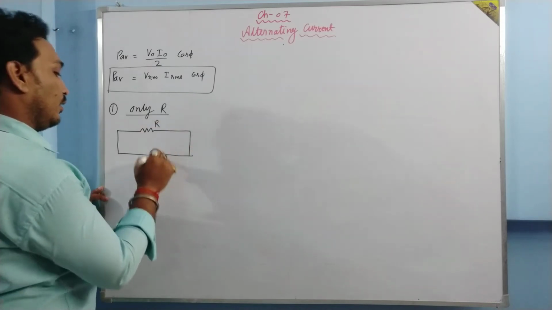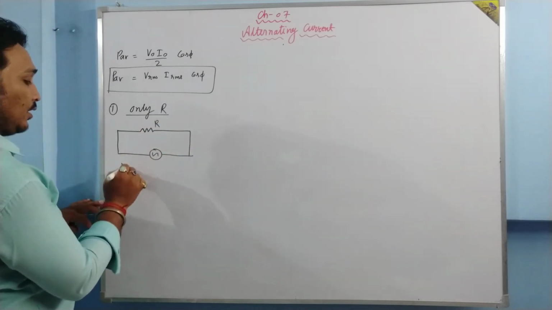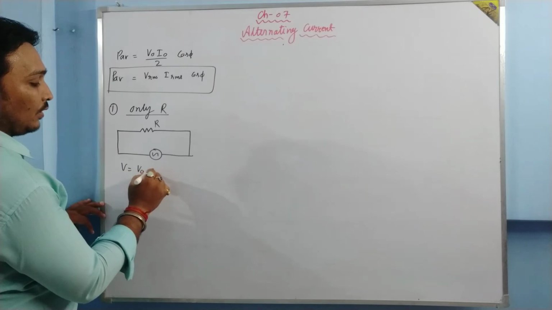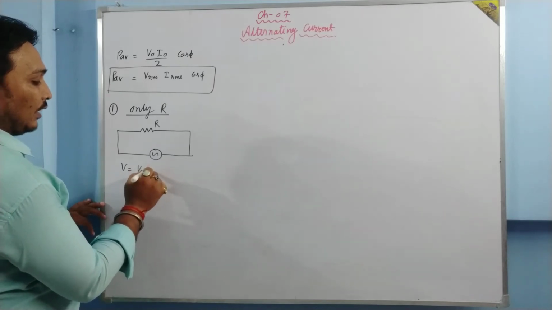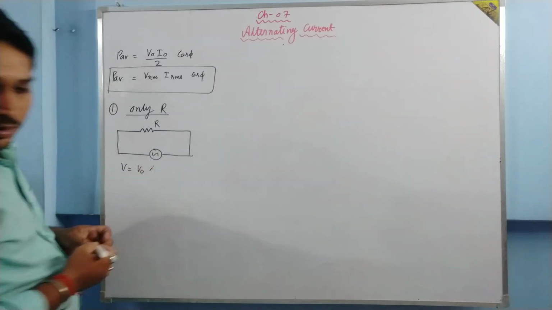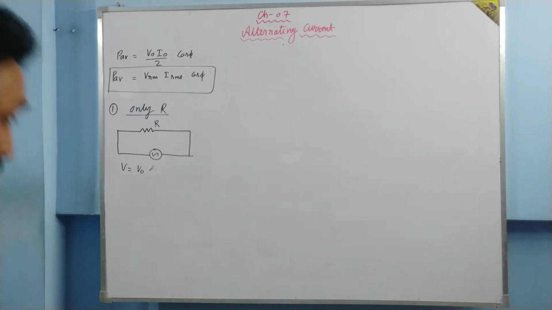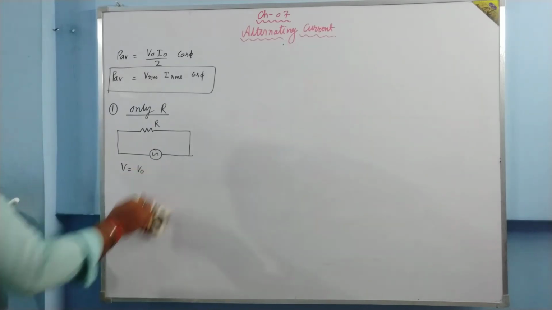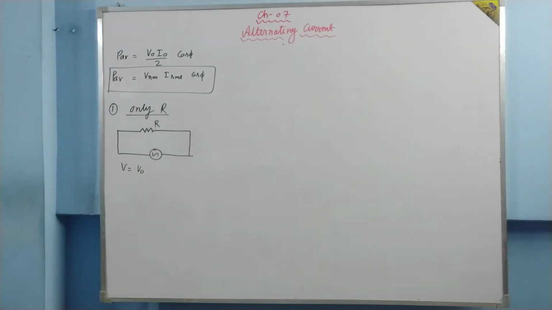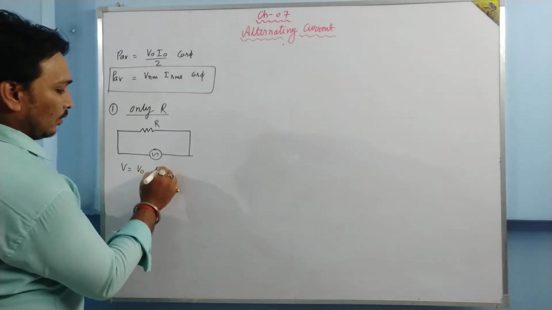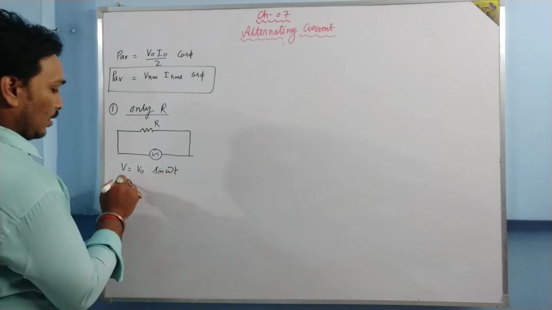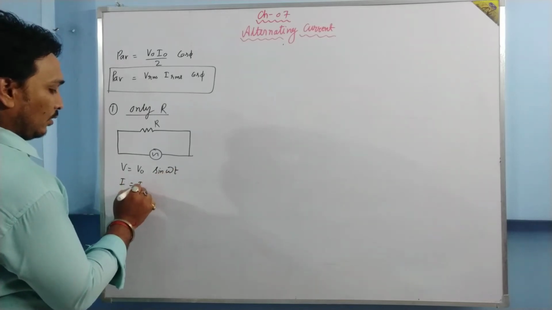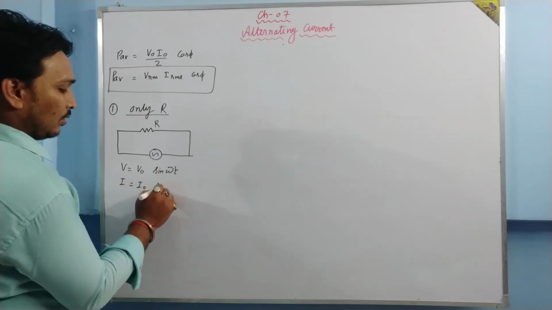The circuit is simply like this. This is your AC source. In this case, V is equal to V naught sin omega t, and I is equal to I naught sin omega t.